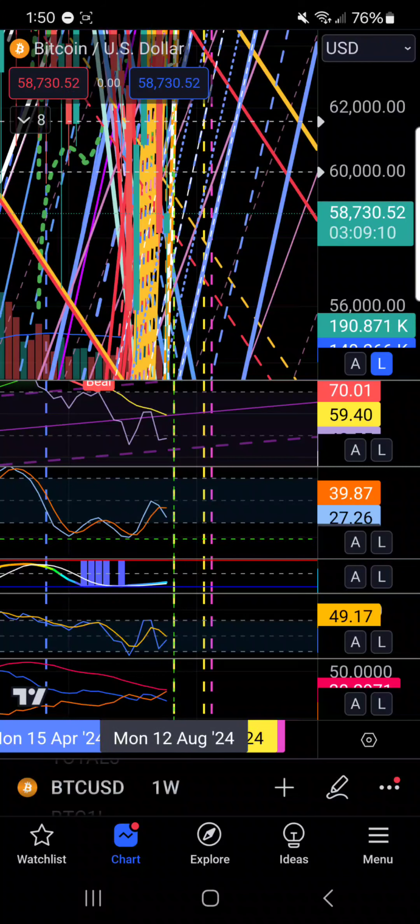Probably we got another few hours before the weekly close. I don't imagine a big bounce incoming, but who knows?